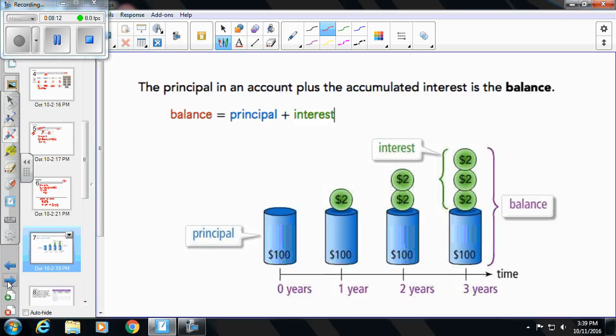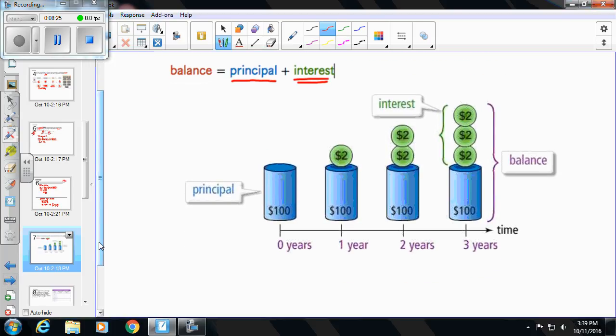The principal in an account plus the accumulated interest is the balance. So my balance is the principal that I started with plus whatever interest I earned. Okay? So looking at the same graphic we had a few minutes ago. After 0 years, I earned no interest. After 1 year, I earned $2. So my balance would be 100 plus 2. My balance would be 102.